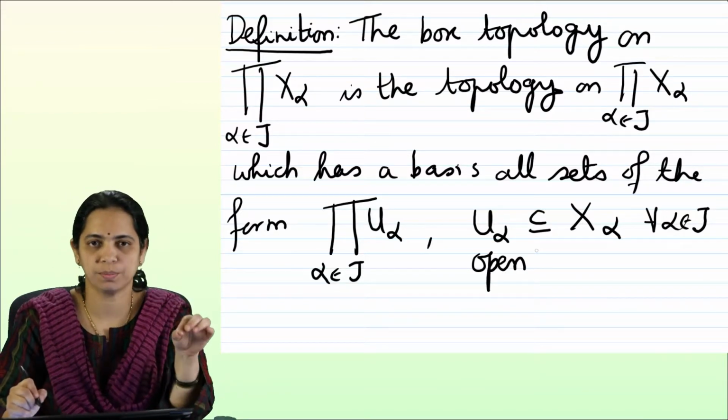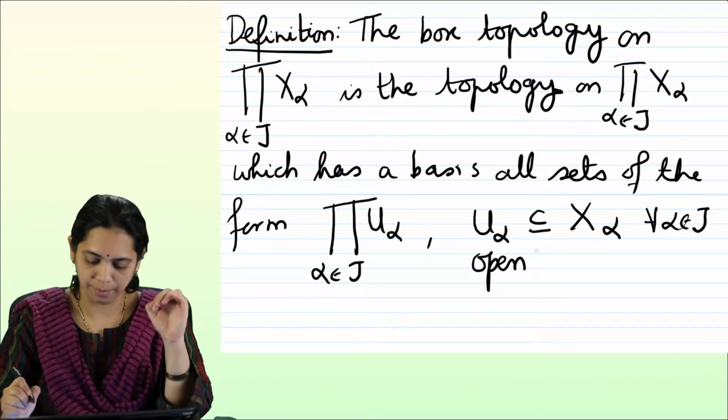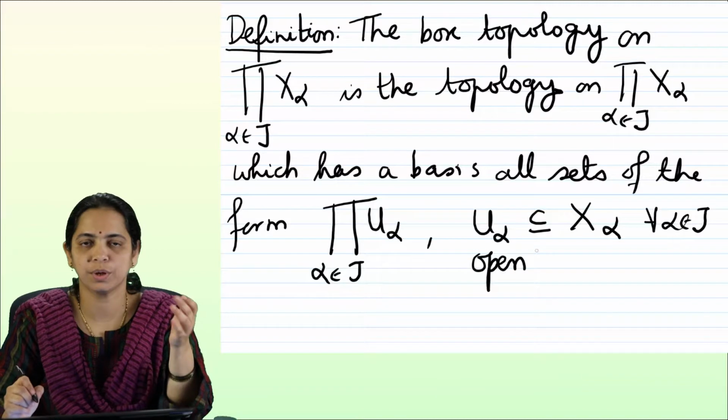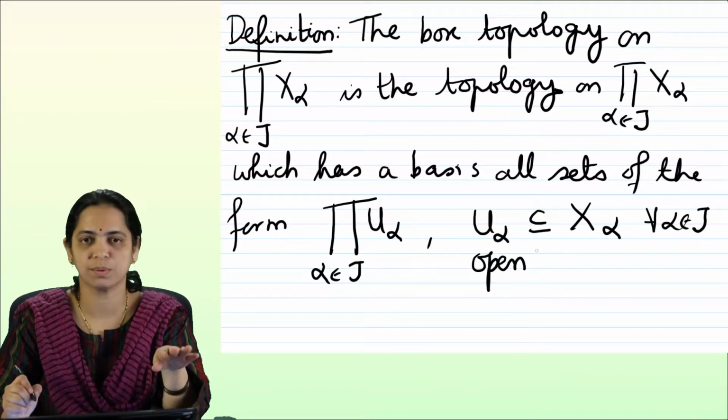So, the box topology is determined by a basis consisting of products of open sets, each coming from the corresponding open set.